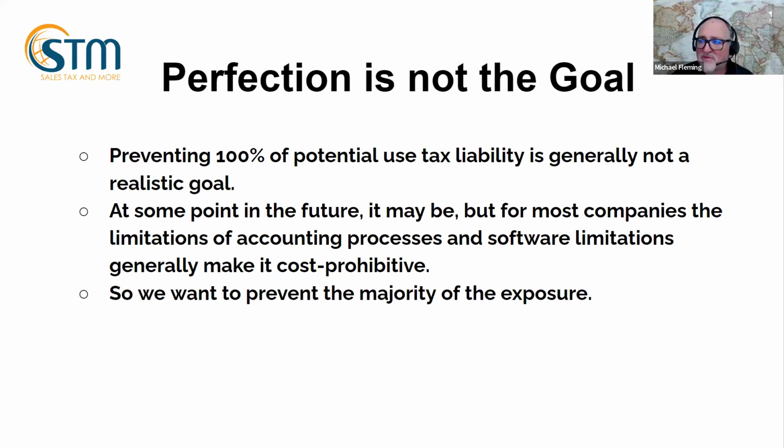So we want to prevent the majority of the exposure, but not 100%. As I mentioned earlier, do we really want to be reviewing 1,000 invoices at $1? No, we're going to do some sampling. Now, auditors may come in and they may do their sampling and you may miss some of the things, but perfection is not the goal. You'll actually spend more money trying to be perfect than any potential money that you tried to save.